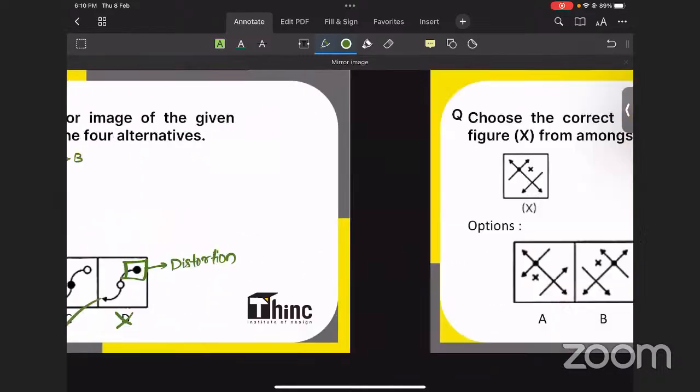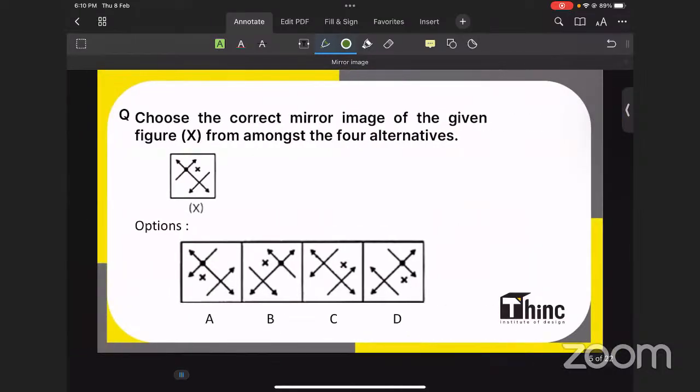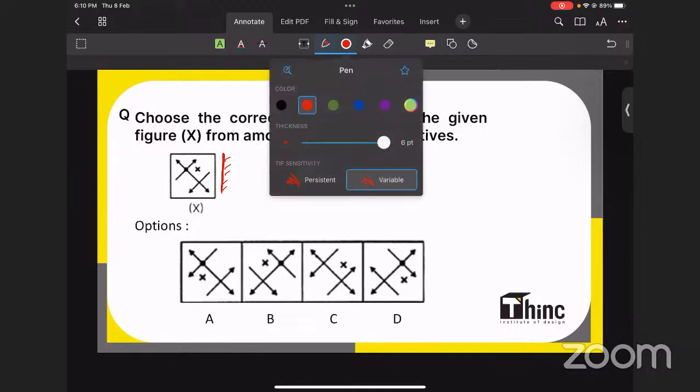Now come to the next question. Again, I am placing a mirror on the right side. Top to bottom rule, left to right rule, distortion rule, you can use those rules. In this particular question, I'm dividing the question figure into two halves.